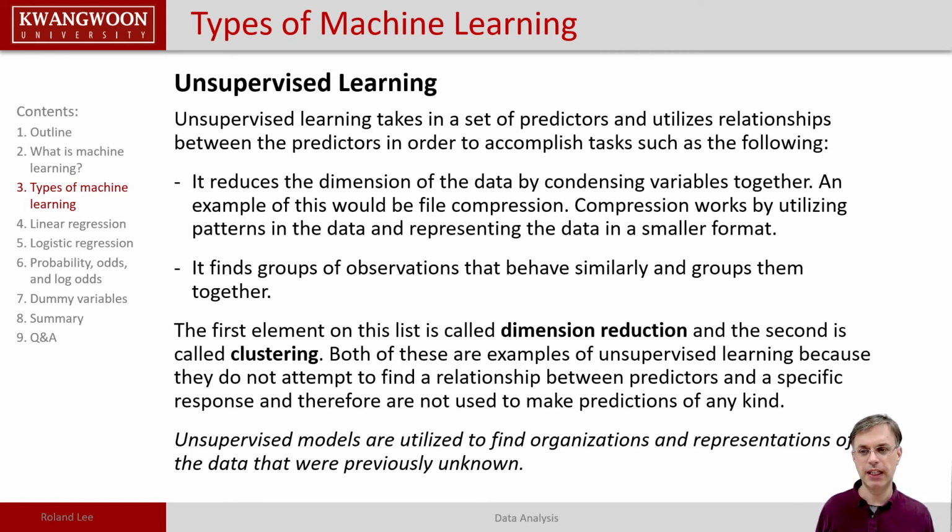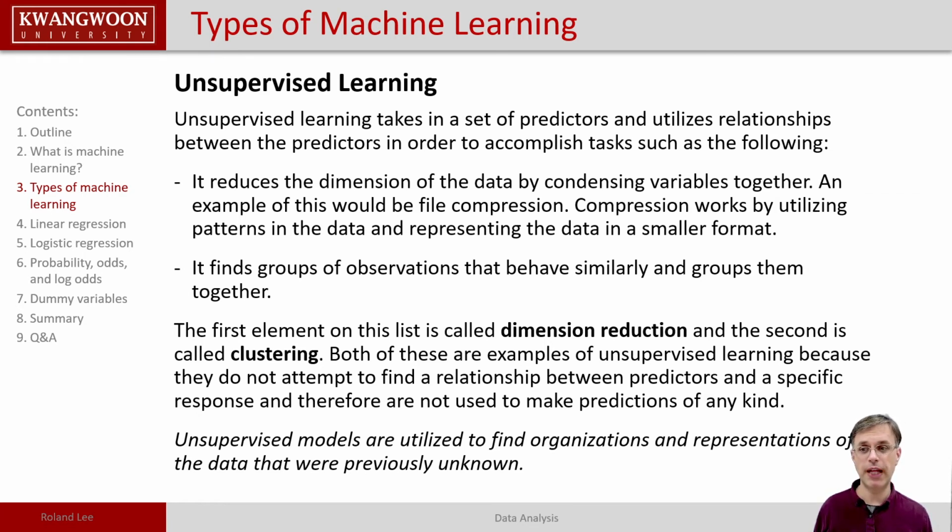Both of these are examples of unsupervised learning because they do not attempt to find a relationship between predictors and a specific response, and therefore are not used to make predictions of any kind.